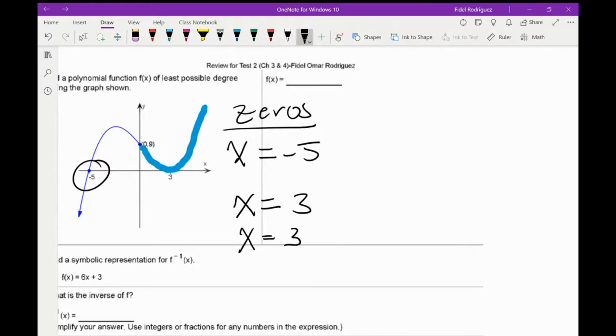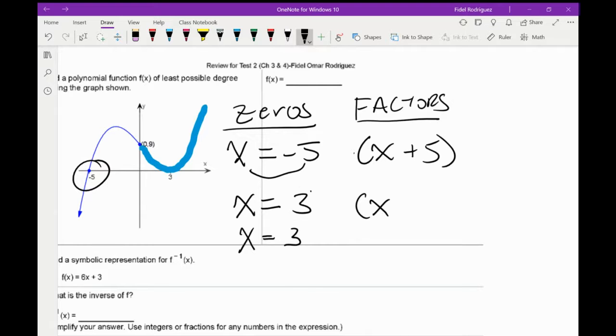So then remember, once we did that, the second thing we said is, now that we know that, what are my factors? And my factors, remember, if I bring that 5 over, it becomes a +5. If I bring this 3 over, it's a -3. And if I bring that over, it's another -3, right?